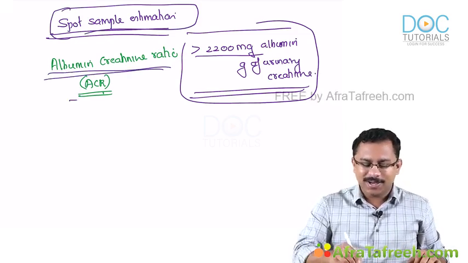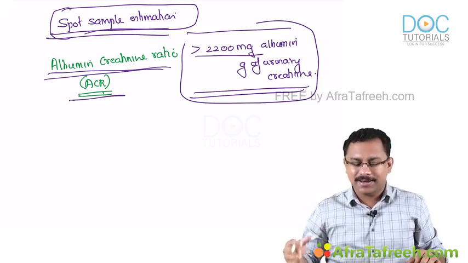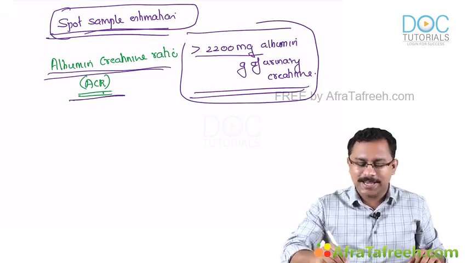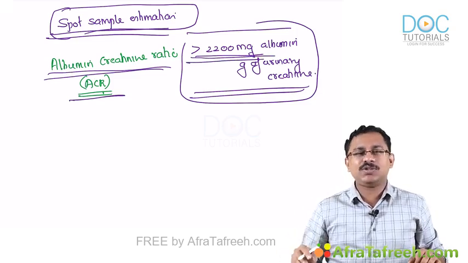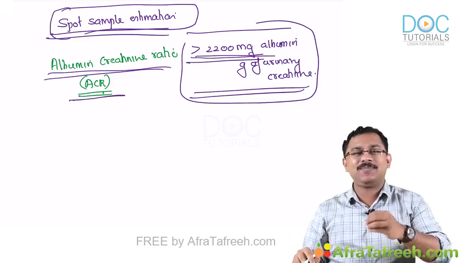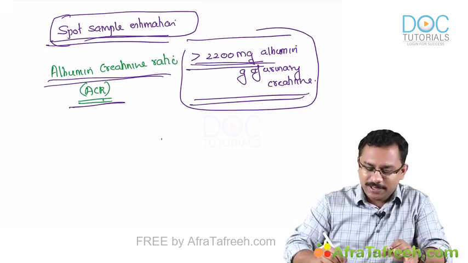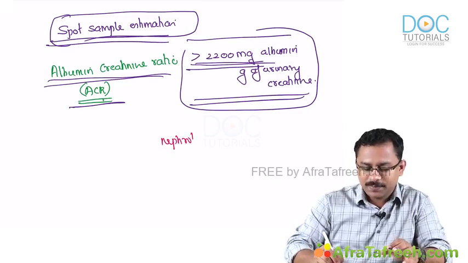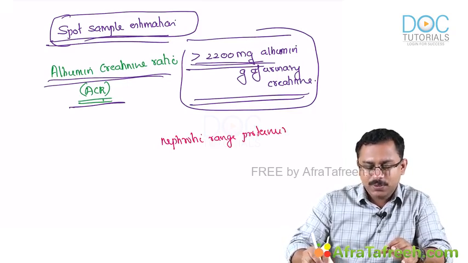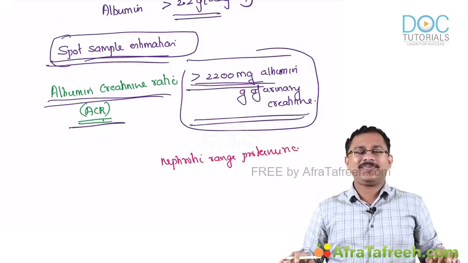When the urinary albumin creatinine ratio by a spot urine sample is more than 2200 milligram albumin per gram of urinary creatinine, you say it is a nephrotic range proteinuria. You have got to keep in mind that point.